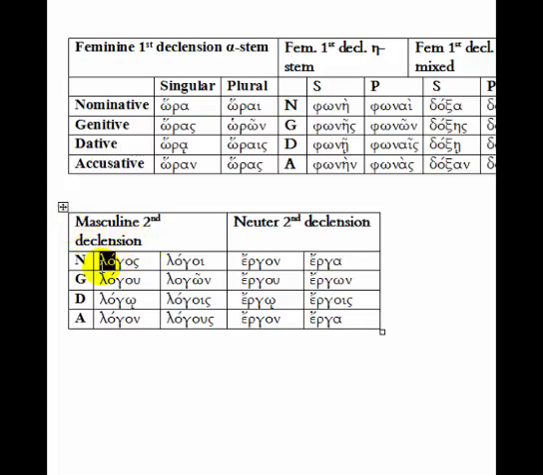But notice logos, the word for word, you keep the accent basically on that antepenult or penult syllable. Okay, except in the genitive plural, which is logon. Okay, and here a neuter, the word for work, ergon, it generally persists as well.